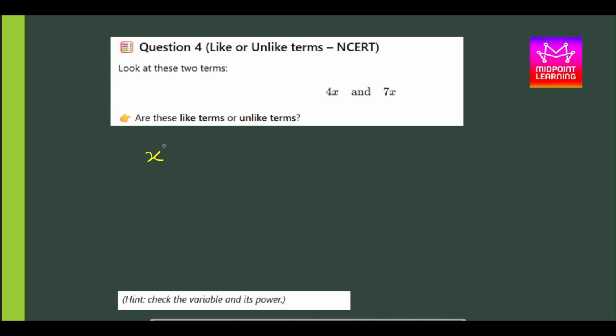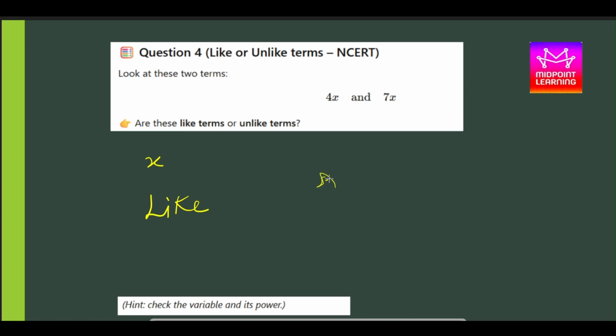The power of x is 1 here, right? In both the terms. So we can say that the terms are like terms. 4x and 7x are like terms. Can you give me another example of like terms? 2a and 7a, right?